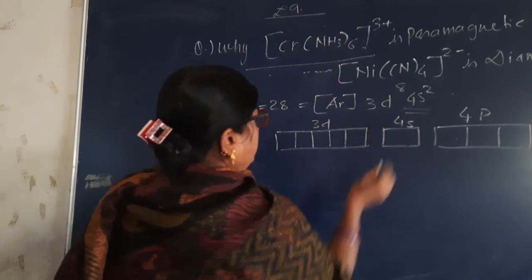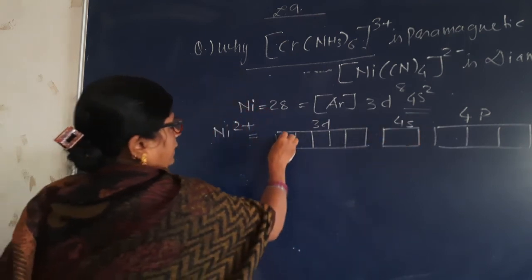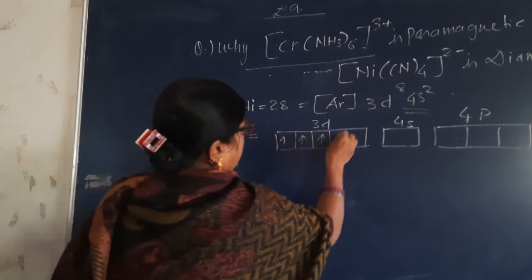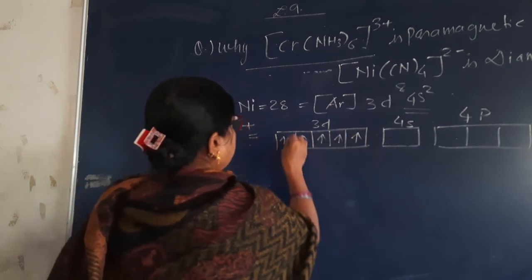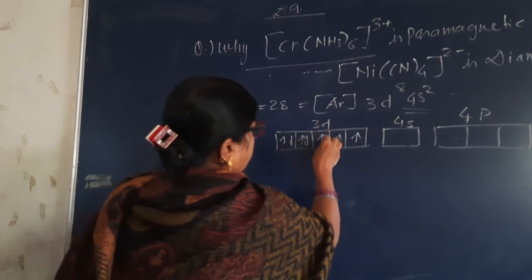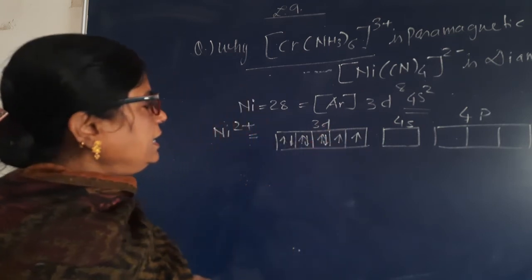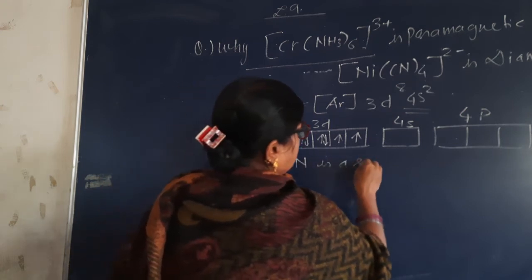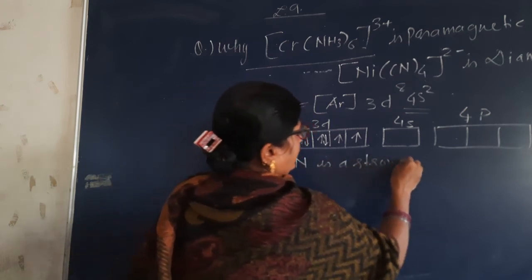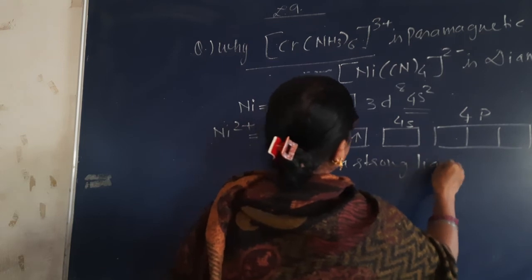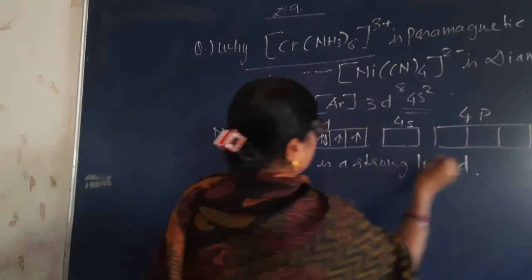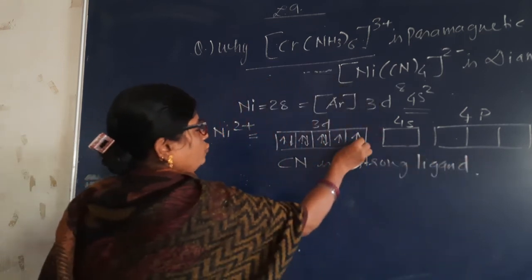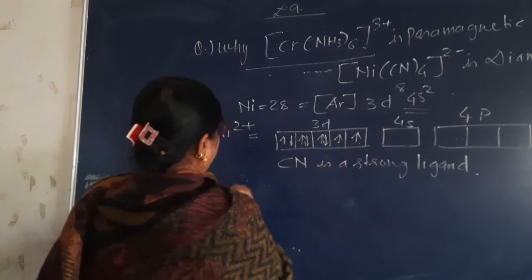Okay. So what will we do? 3d8: 1, 2, 3, 4, 5, 6, 7, and 8. But as we see, CN is a strong ligand. If it is a strong ligand, so pairing will be done. So these two will make a pair here.